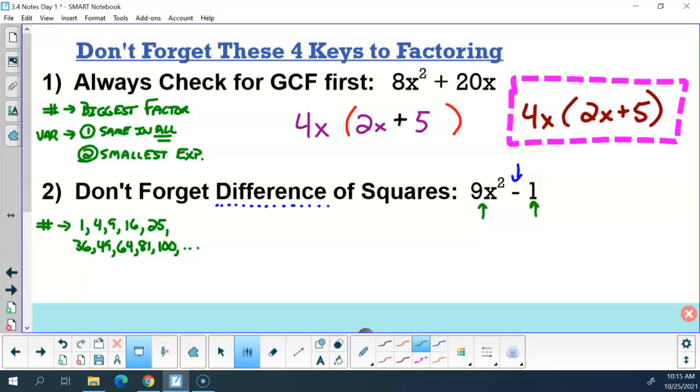Okay? So that's for the number. Got to be on that list. Okay? For variables, it has to be an even exponent. Okay? A variable is a perfect square if it has an even exponent.